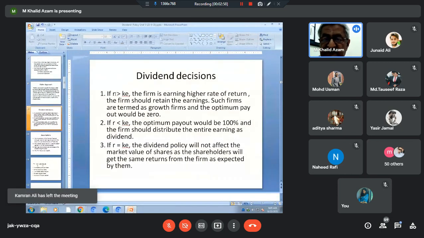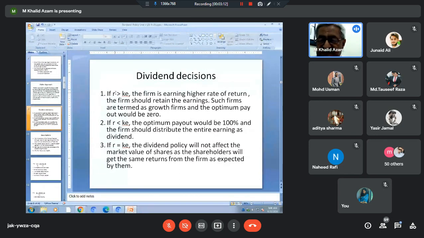Then there is the rate of return. What is this rate of return? This is the internal rate of return. I think you are familiar with it. This is the rate which the company is expecting to generate with the help of its business operations. So it is the internal rate which the company is proposing or expecting.